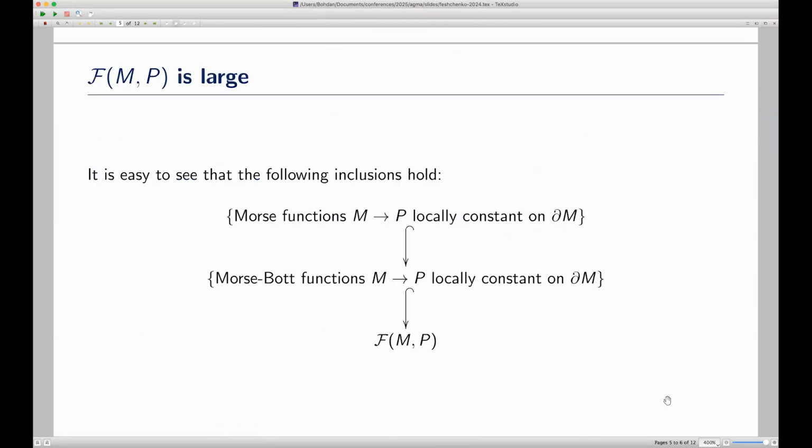The following inclusion holds. This class F contains the class of Morse-Bott functions which are locally constant on the boundary, as well as the class of Morse functions locally constant on the boundary.